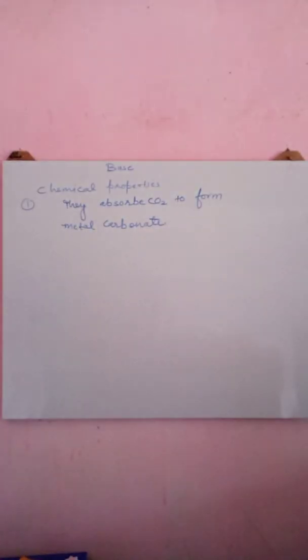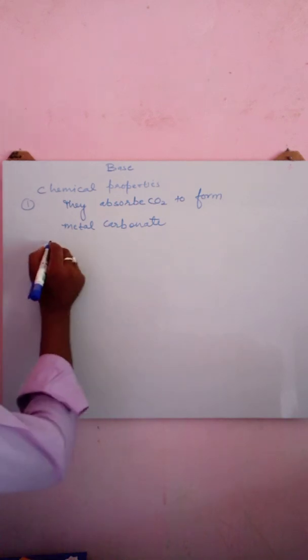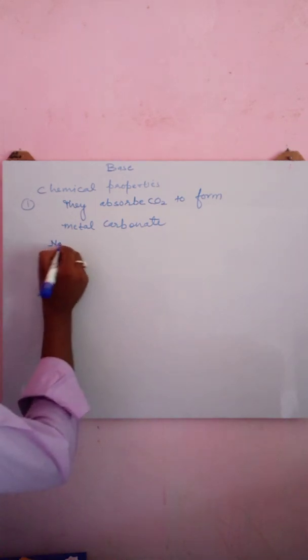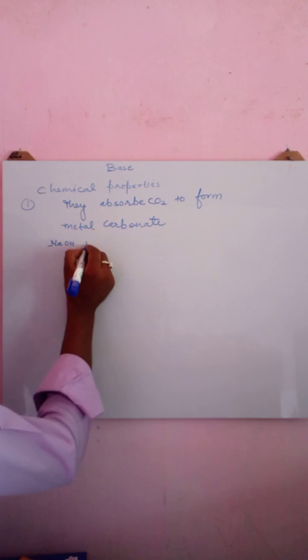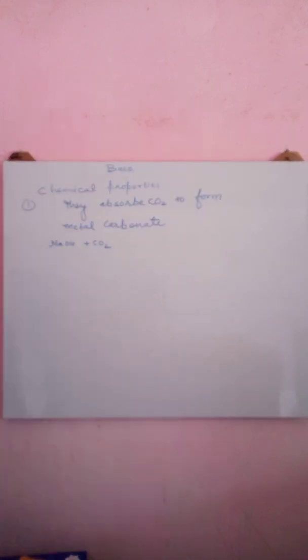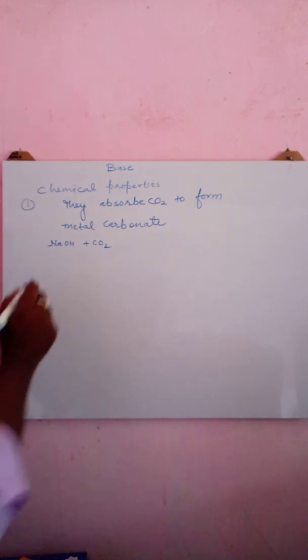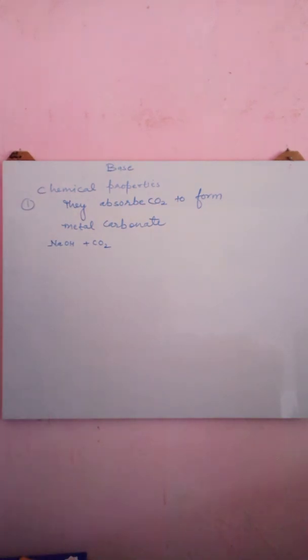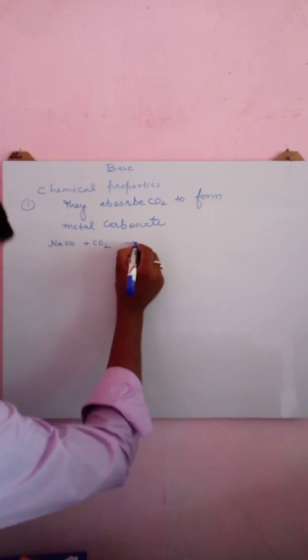So bases absorb carbon dioxide gas to form metal carbonate. For example, when sodium hydroxide comes in contact with carbon dioxide gas, the CO2 gas is from air. You can say when sodium hydroxide absorbs CO2 gas from air, it forms metal carbonate.